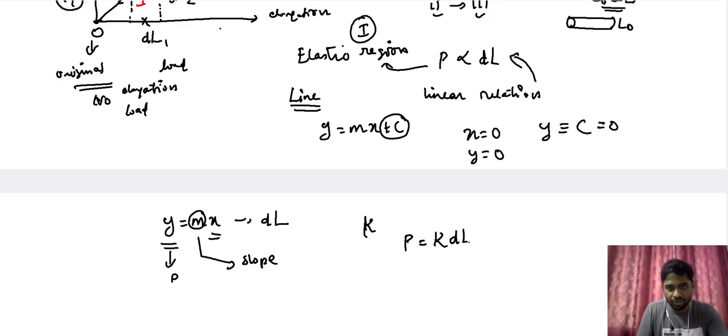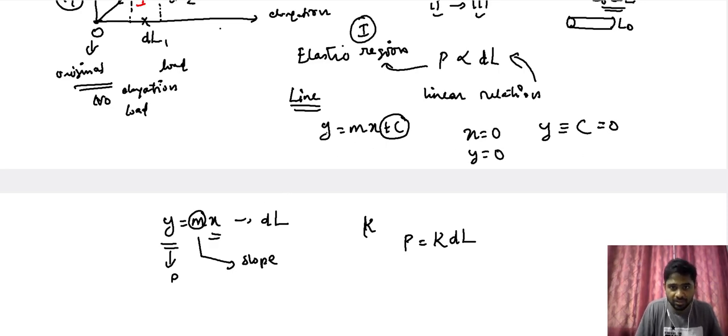= k dl. So what we have essentially done is, we have observed that the first section is a line, and because it's a line, we can describe this first section using the equation of a line, and we have identified the value of c, found it to be 0, and then we replaced the slope.